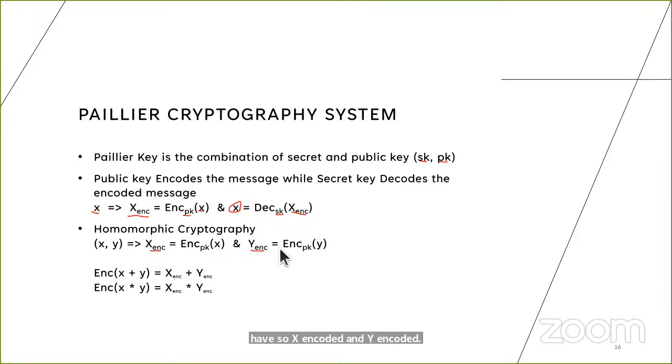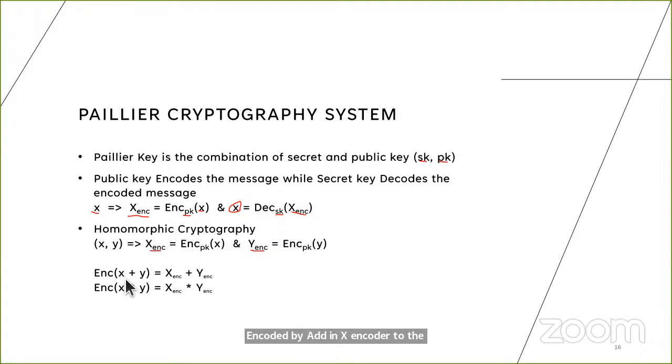Then we can compute the summation of X and Y encoded by adding X encoded to Y encoded.